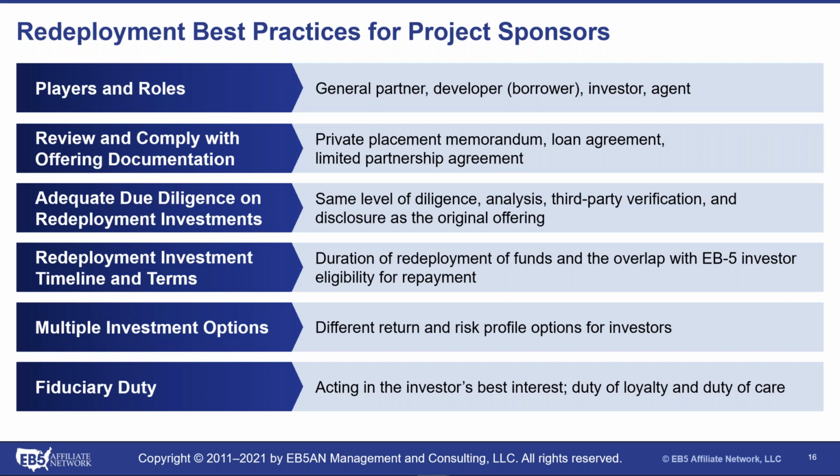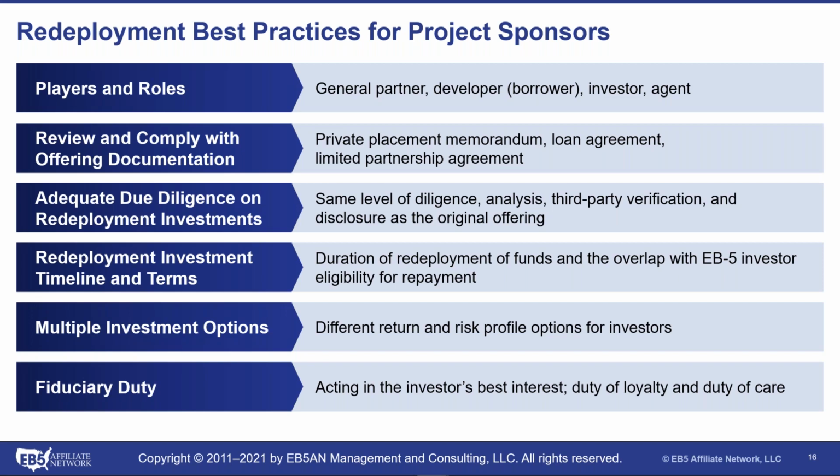Thank you, Jay. So one thing I want to run through is what this looks like in a real life scenario with careful advanced planning. Let's say there's a hypothetical loan that's been made, and the loan is coming due December 31 of 2021. So 11 months from now, a loan is going to be repaid, and you've got 11 months to figure out how this redeployment is going to happen.